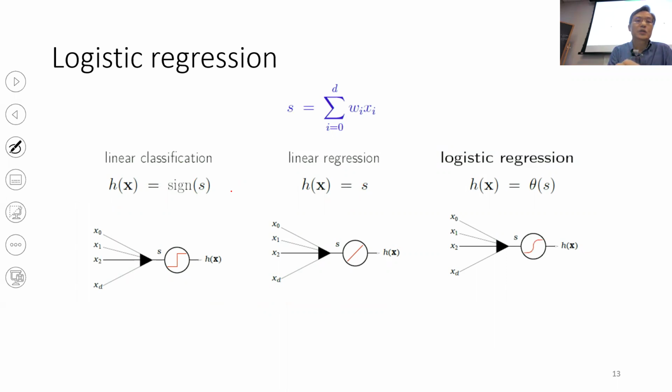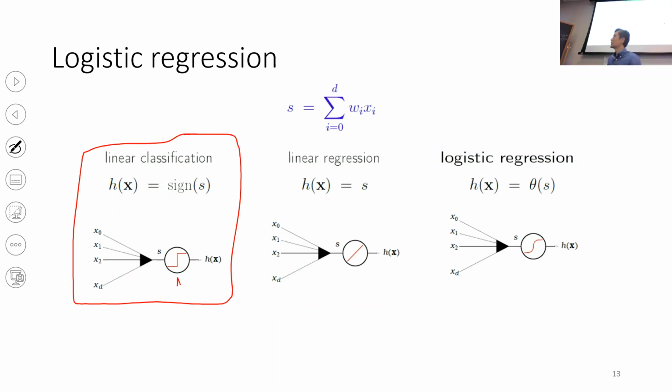All right, so that's the hard cutoff, which is what we used on the blackboard here. You have a sum function, and the threshold here is 0. Once you have greater than 0, you have +1, otherwise -1.